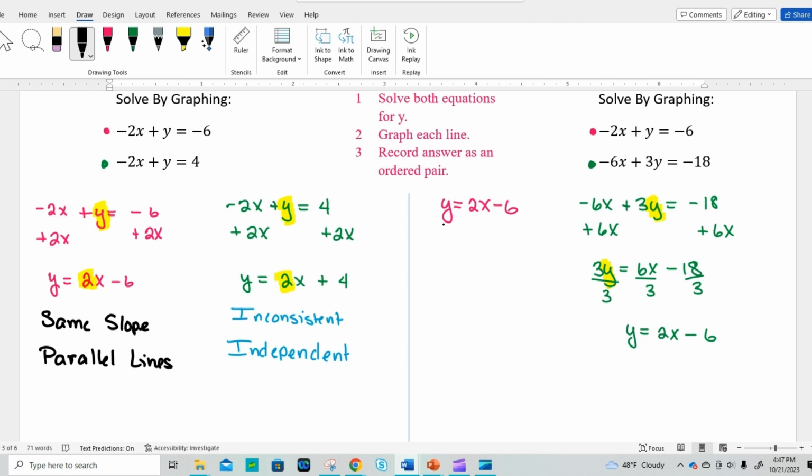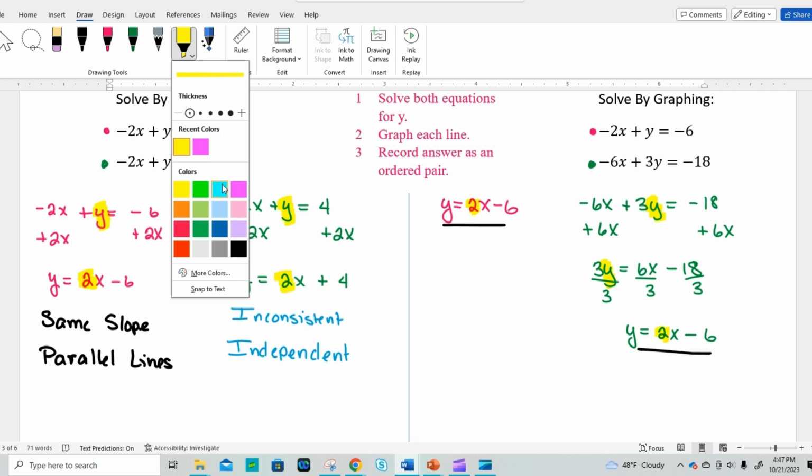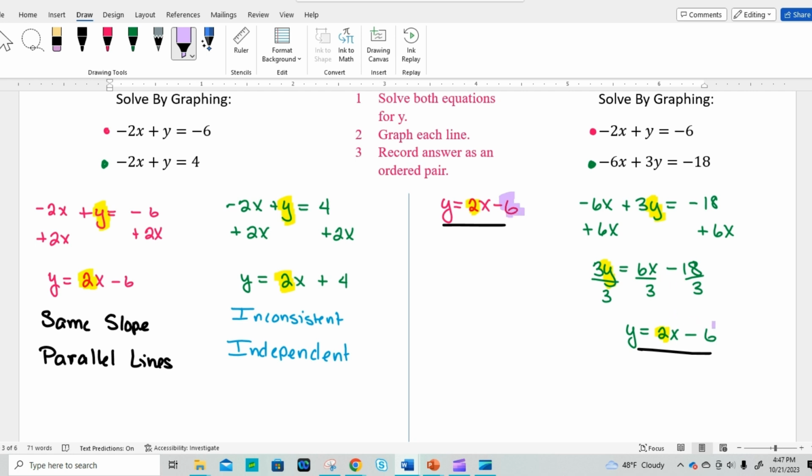That is exactly the same. So not only is my slope the same, the 2 in front of the x, but my y-intercept is exactly the same as well. Okay, so this has to be exactly the same line, which means that these two lines are going to lay right on top of each other.